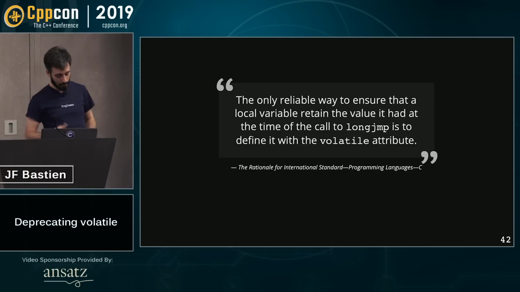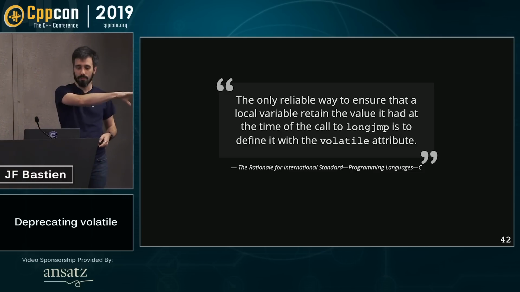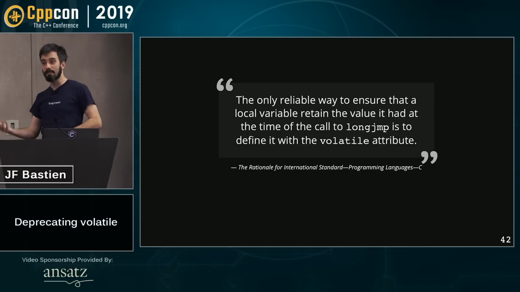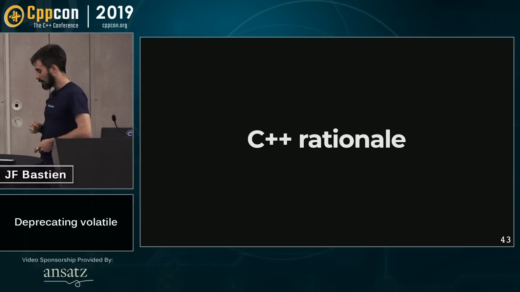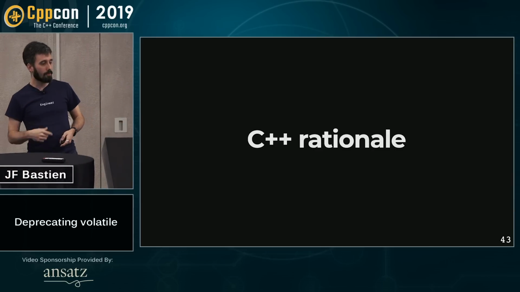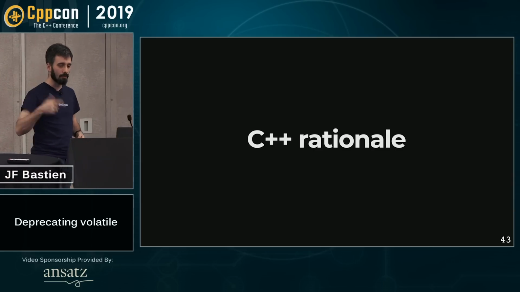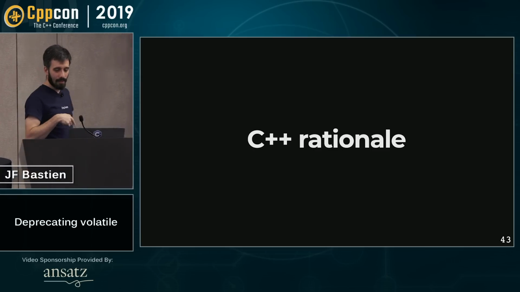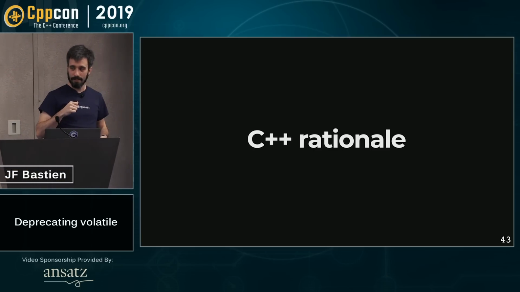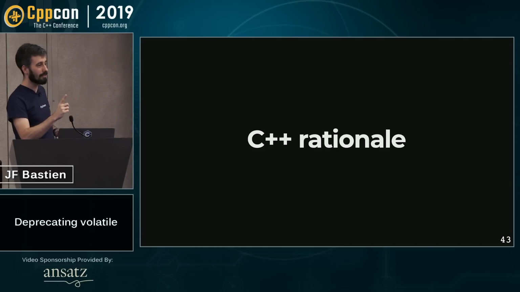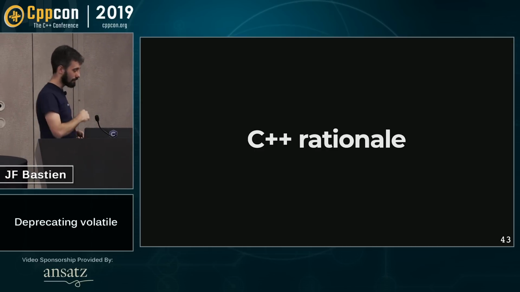How about that? Okay, so this is the C89 rationale. Now, C++ also has a rationale, believe it or not. There's a book that Bjarne wrote a while ago called The Design and Evolution of C++ or something like that. And there's exactly one occurrence of the word volatile in the whole design and implementation of C++.